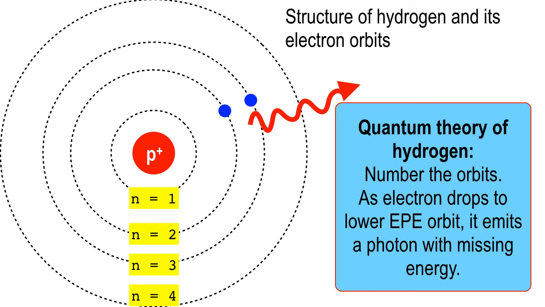We don't think of it as going into kinetic energy, and you'll see why as soon as we introduce waves. But the photon carries off the missing energy. So you're losing potential energy as you go closer, and that goes into the energy of the photon.